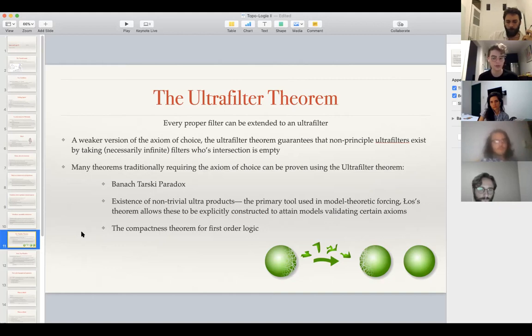For example, the Banach-Tarski paradox, which maybe some of you know. This is a picture of it, just to quickly go over it. The idea is you can take a sphere, slice it up in a strange infinite way, and then reassemble it in such a way that you get exactly two spheres of the original size.